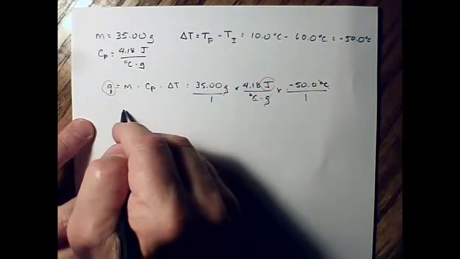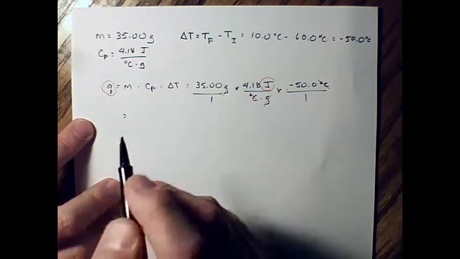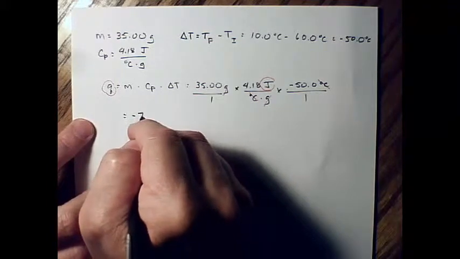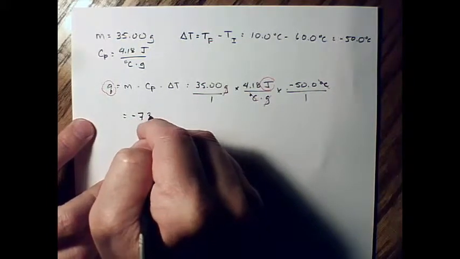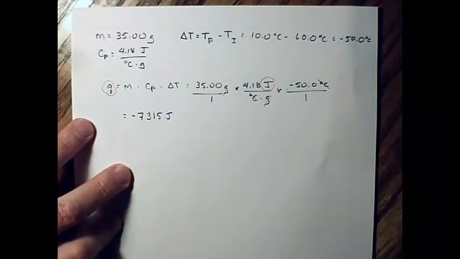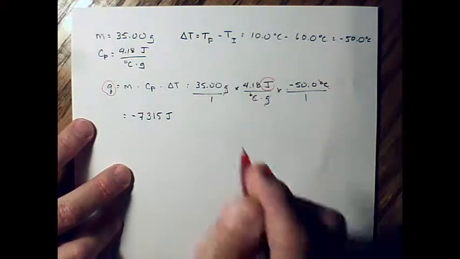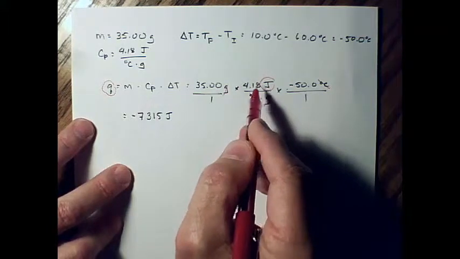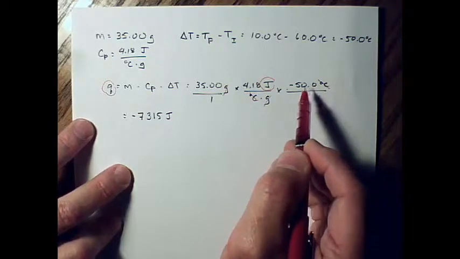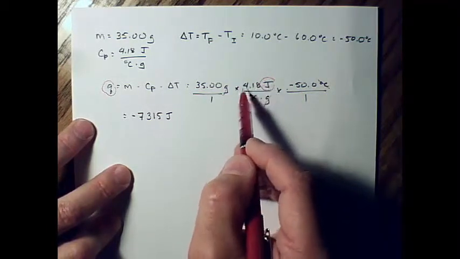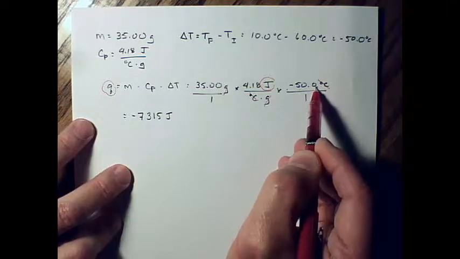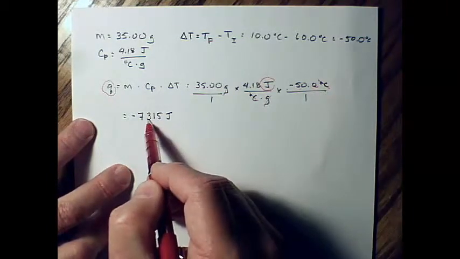And so when we do the math, we find that the heat change when we're cooling it down is a negative 7,315 joules when it's unrounded. Now we have only 3 significant digits in this calculated term, so we want 3 significant digits here, 1, 2, 3.